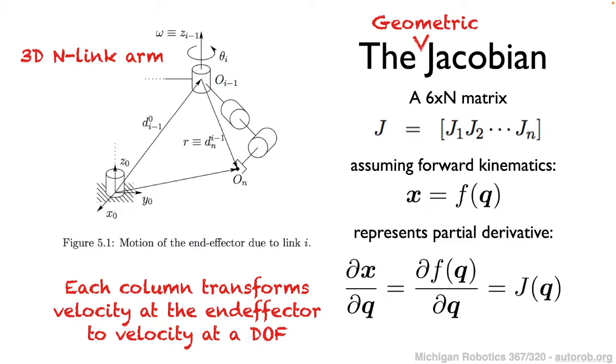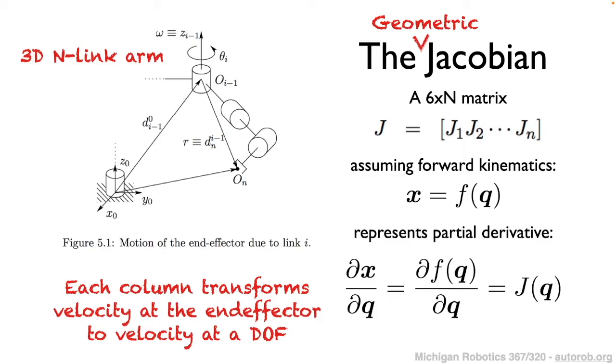In particular, based on that element's position within the overall Jacobian matrix, it will represent a specific partial derivative between one element of the result of forward kinematics run on the robot to produce the end effector's state, and one of the degrees of freedom within the robot.